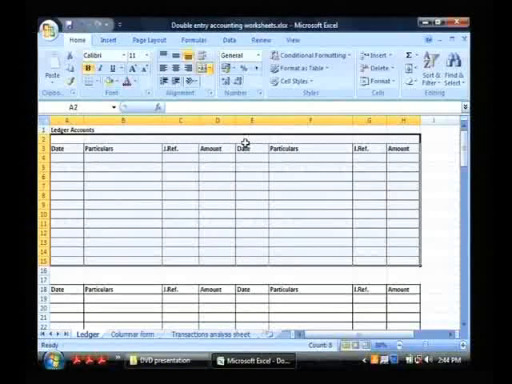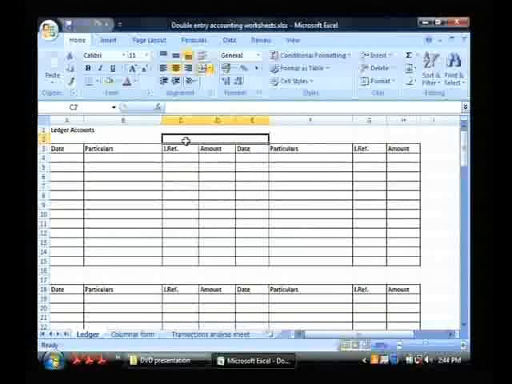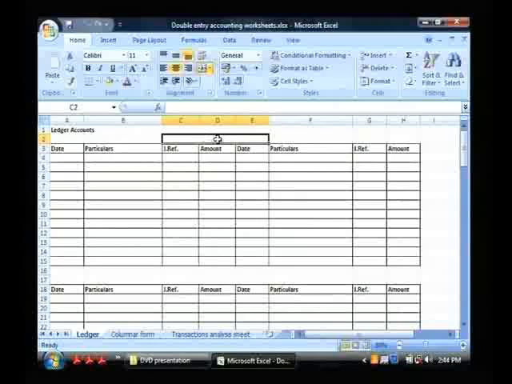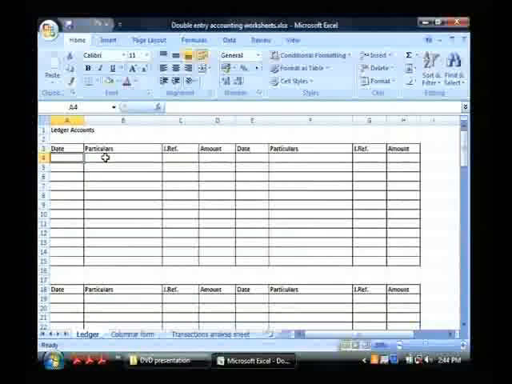So this is the T format ledger. First we need the title of the account, and then date, particulars, journal reference, and the amount. This is the debit side, and on the credit side you can see the same columns.